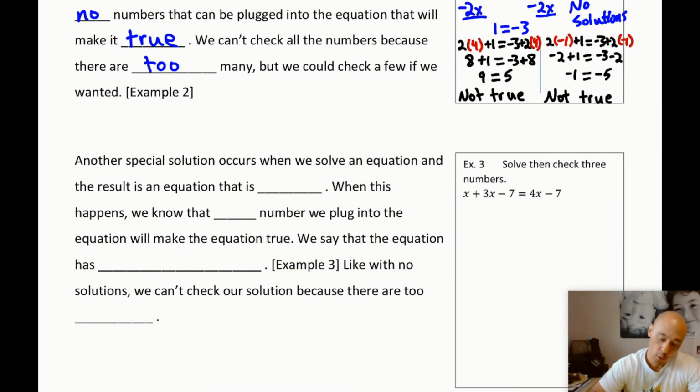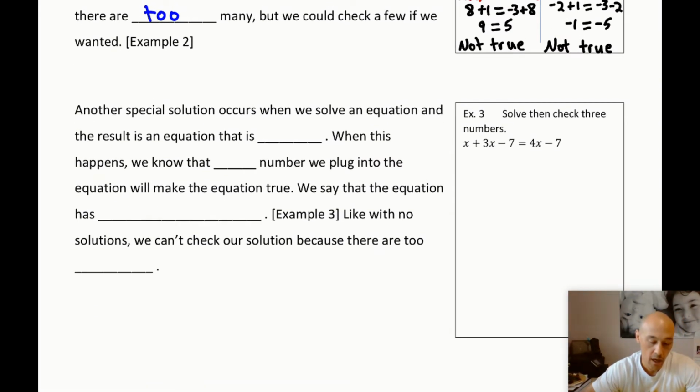All right, there's one more special case when solving. Another special solution occurs when we solve an equation and the result is an equation that is true. When this happens, we know that any number we plug into the equation will make the equation true.